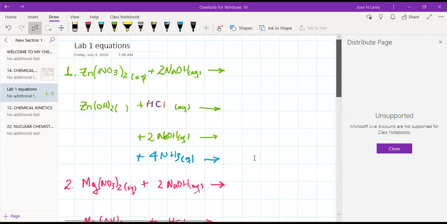All right, so here we are. These are the equations that we work on in the lab. The ones that I was supposed to write down for you.